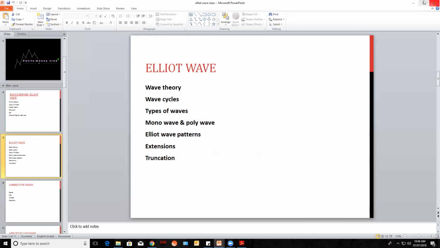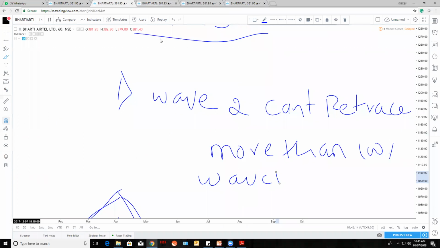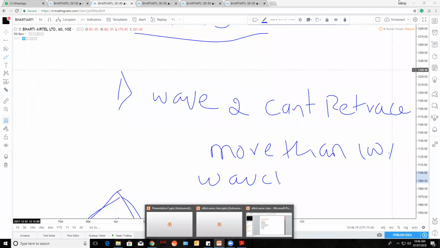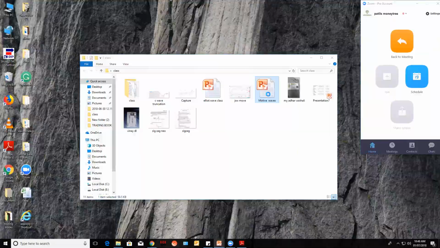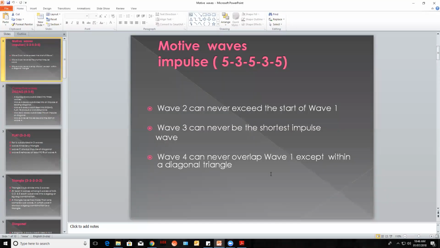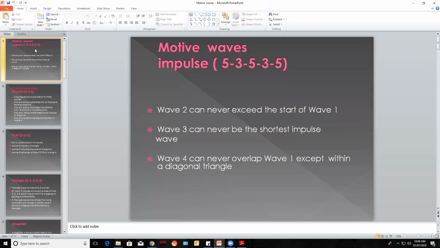I'll share one more PDF so that you will get the rules there. So this is the first rule. Motive waves: in that, impulse is a 5-3-5-3-5 structure.